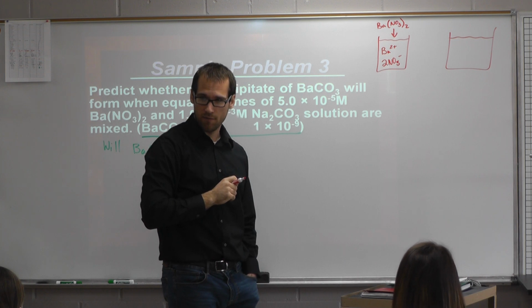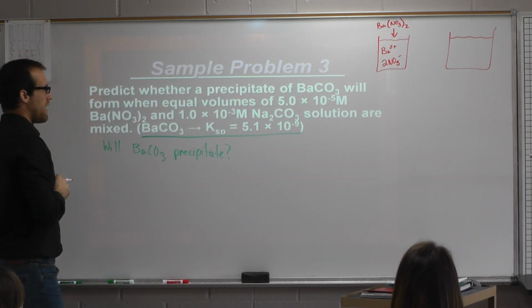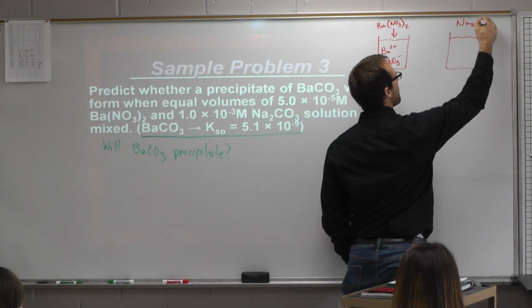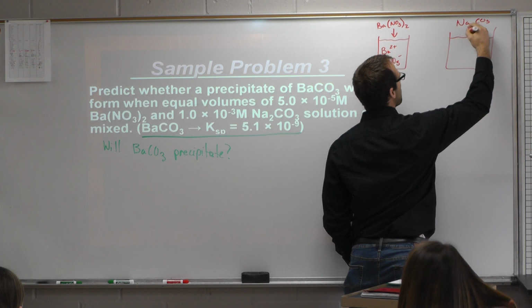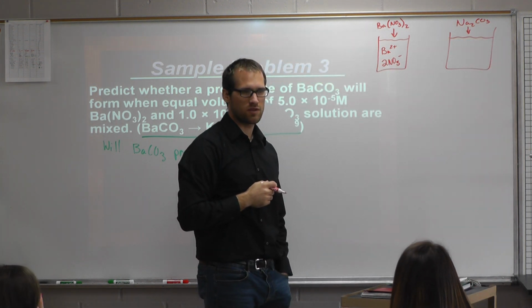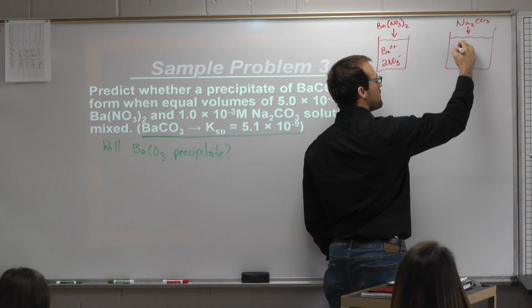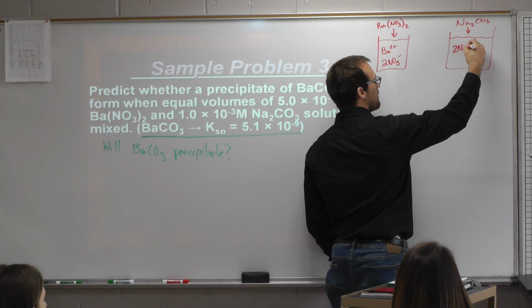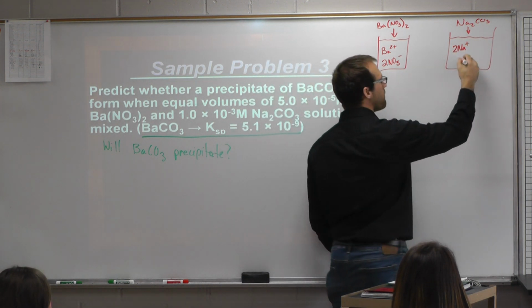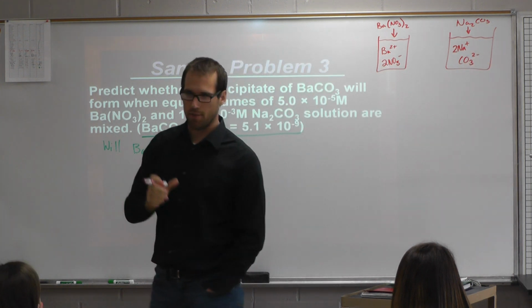Make sense so far? In the other beaker, I have Na2CO3. When it goes into solution and dissolves, what's produced? 2Na+ and CO3 2-. Okay. So I have beaker 1 and beaker 2.